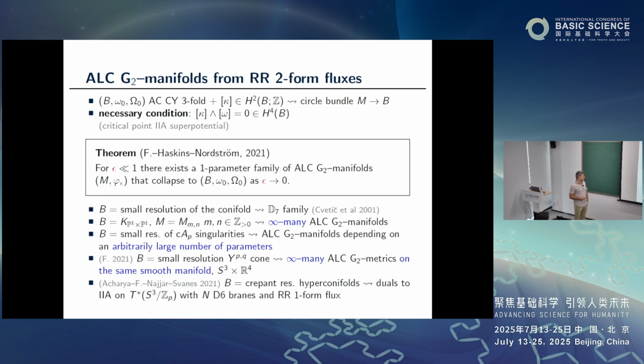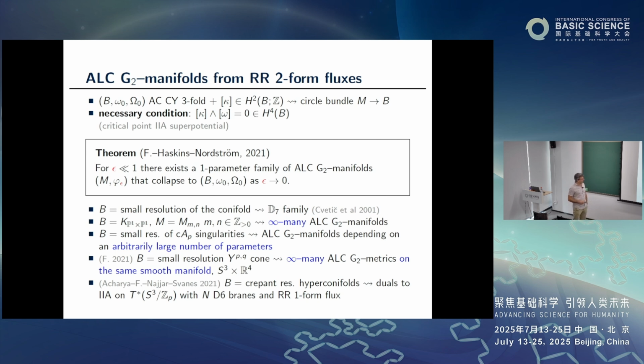For example, as a first case, you can apply this to the small resolution of the conifold. Since it's a small resolution, the fourth cohomology is just 0, so this condition is vacuous. This reproduces one of the families of ALC G2 metrics that were conjectured in the physics literature in the early 2000s. Another thing you can do is take the canonical line bundle of P1 times P1, which is a crepant resolution of a Z2 quotient of the conifold.